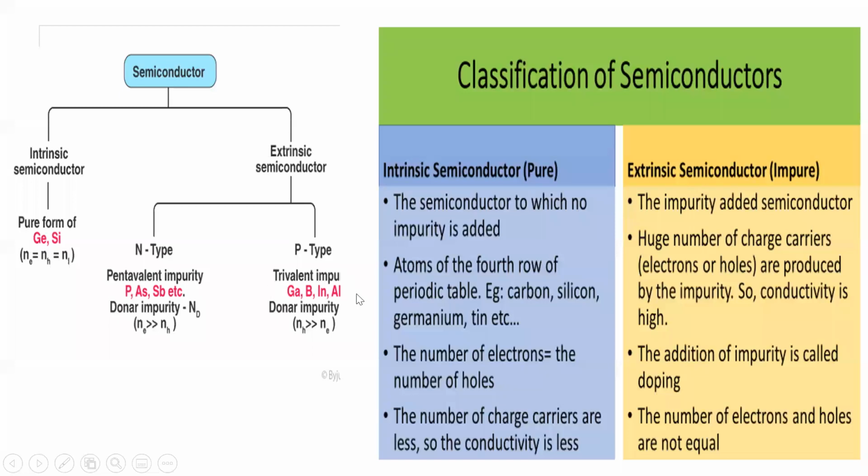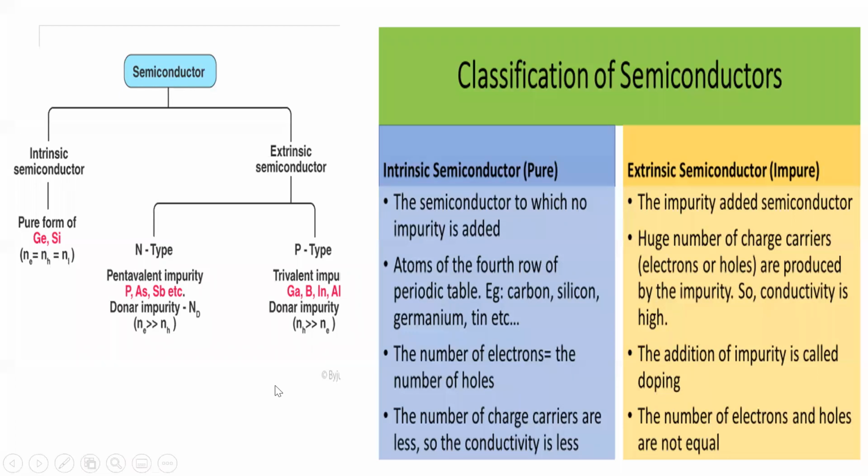If these are added to pure semiconductors like germanium or silicon, we get a P-type semiconductor where the number of holes is much more than the number of electrons.